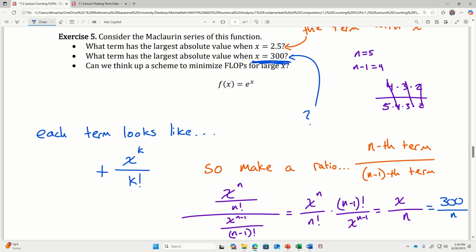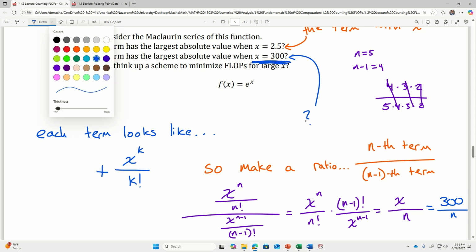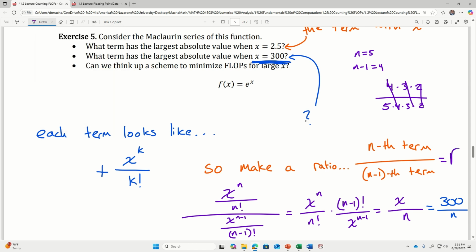Because every term is going to have the value of the term before it times this ratio equals that term. Let me write it for you here. I'm going to name this ratio R. This capital R means this ratio.